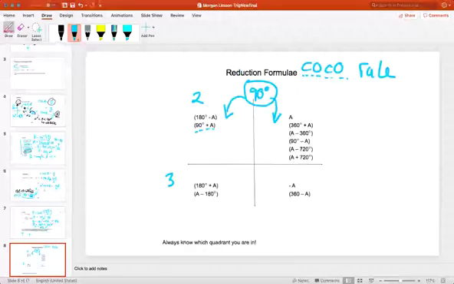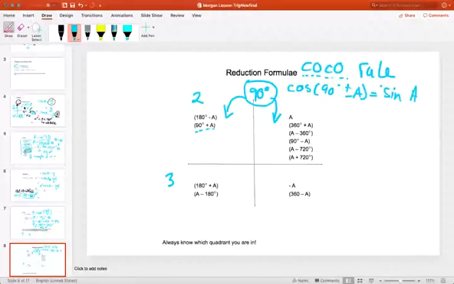How the Coco rule works is it says, if you have a cos of 90 plus or minus an angle, it changes to the sine of that angle, but it could be plus or minus, depending on what we've got.